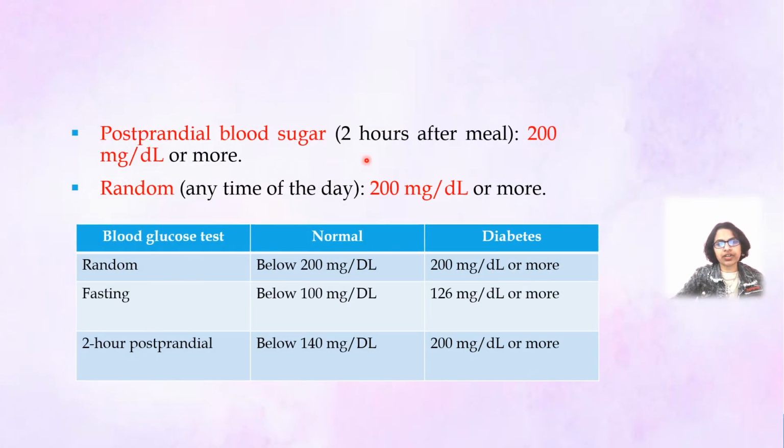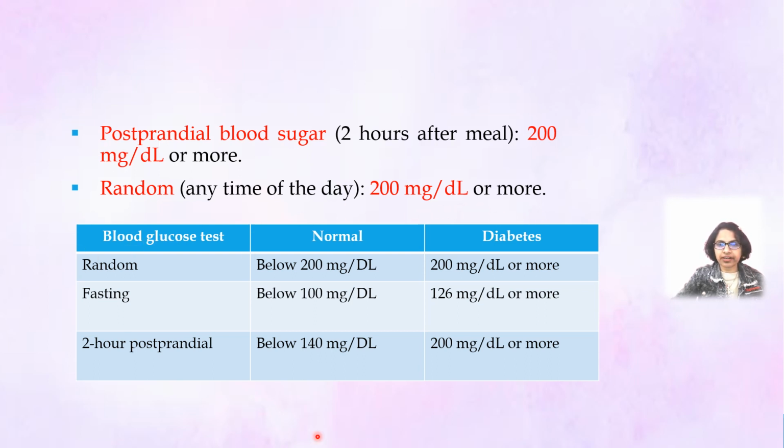Then postprandial blood sugar, 2 hours after a meal, is 200 milligram per deciliter or more. Random, any time of the day, is 200 milligram per deciliter or more.